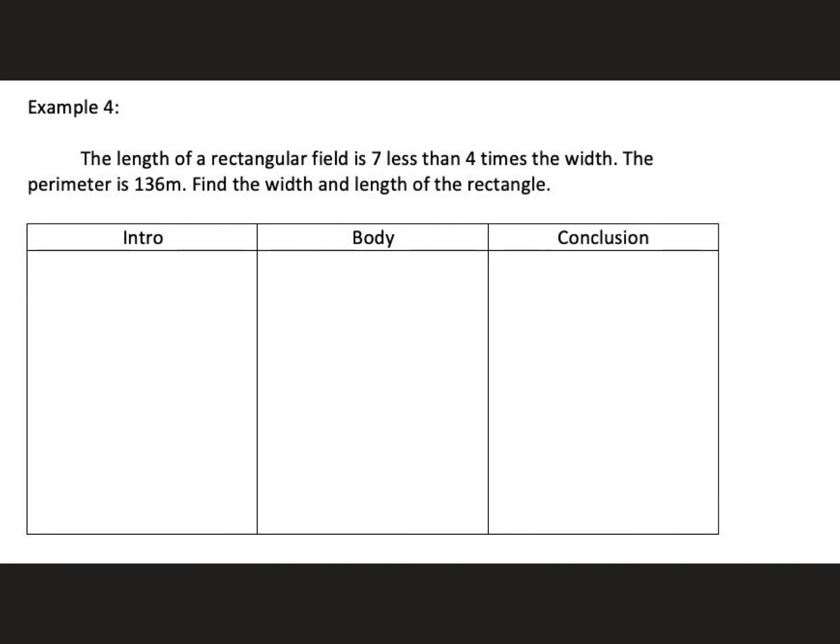So first of all, it says the length of a rectangular field is 7 less than 4 times the width. The perimeter is 136 meters. Find the width and the length of the rectangle. So let's define what we're looking for.